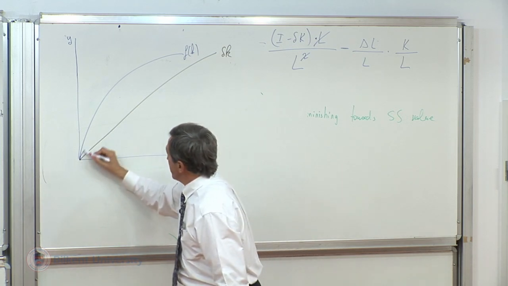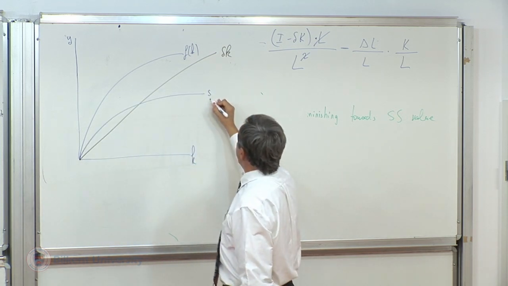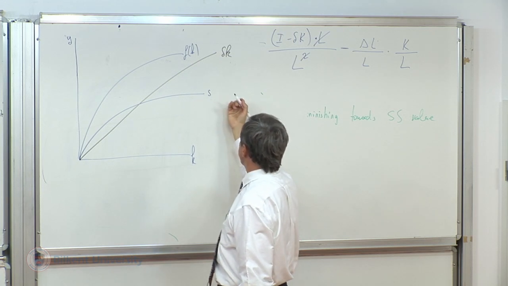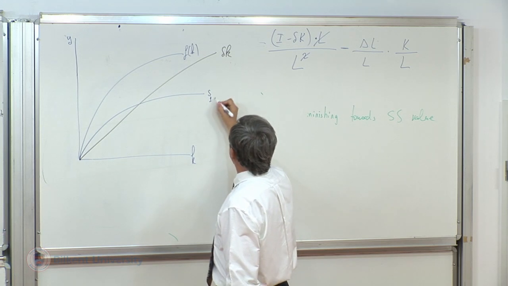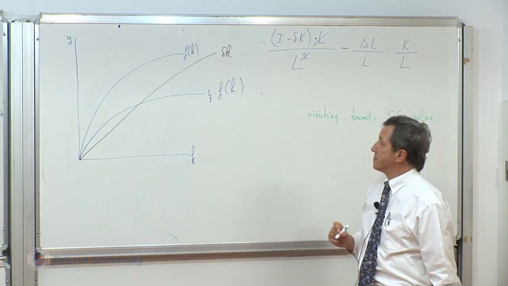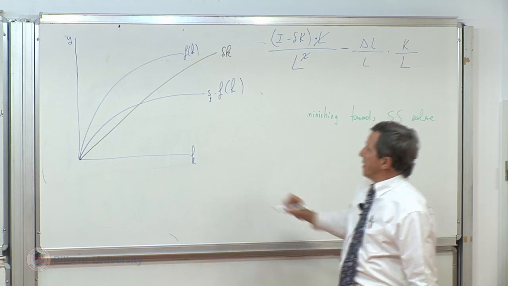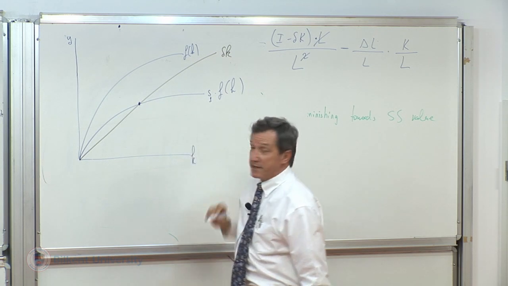Suppose that initially this is my saving rate, saving rate 1, times f of k. And the saving rate and the delta k intersect here.